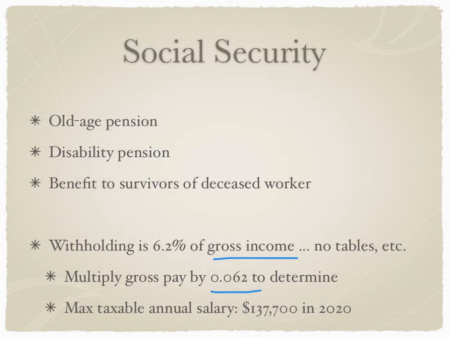Social Security withholdings stop after a certain maximum taxable annual salary. For the year 2020, that's over $137,000. So once you get past $137,000 in gross earnings for the year, Social Security tax is no longer withheld. In all the problems that we look at, none of our employees will get anywhere close to that, so you don't need to worry about that.